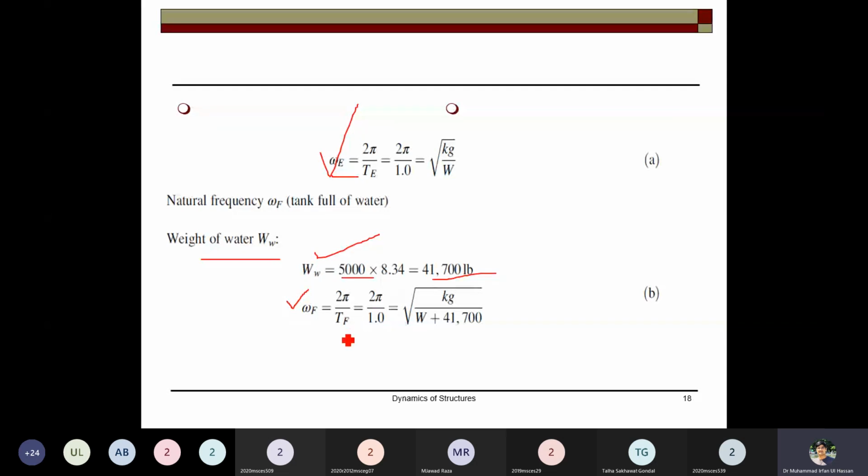But here the total weight will be the sum of the weight W and the weight of water, where the weight of the tank is W.